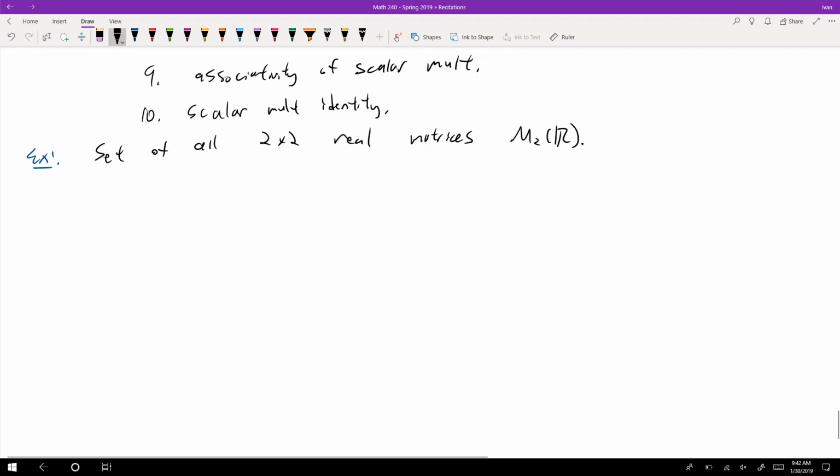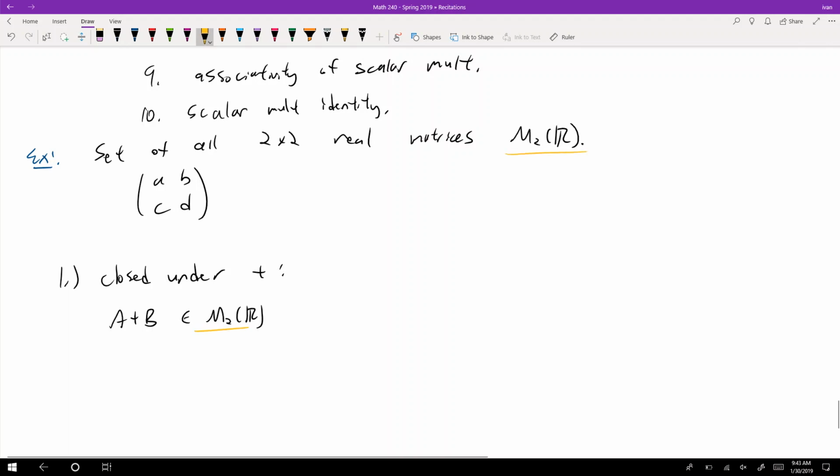Okay, so essentially, you just take a 2 by 2 matrix, and it's A, B, C, D. All right, and we want to show that this set is a vector space. Okay, and so how do we do that? Well, closed under addition. So we want to see if A plus B, if A is a matrix and B is a matrix, is this matrix inside our original set, M2R, given that A and B are inside M2R?